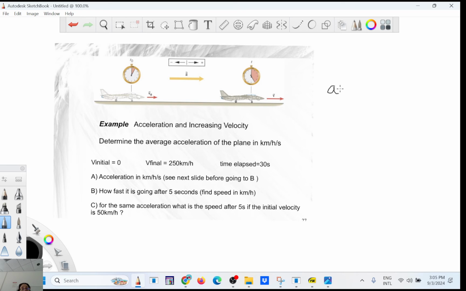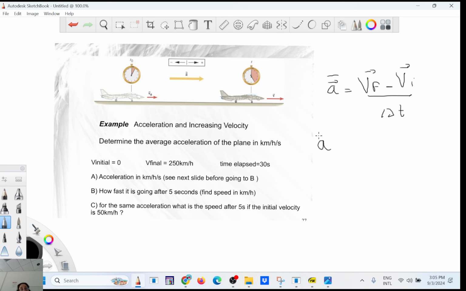Okay, so acceleration by definition is going to be final velocity minus initial velocity over the time elapsed. It's in 1D, so it's going to be easy, right?